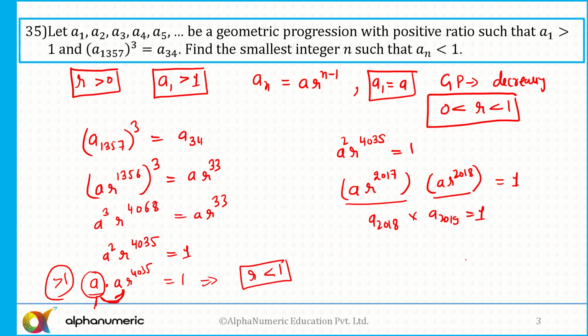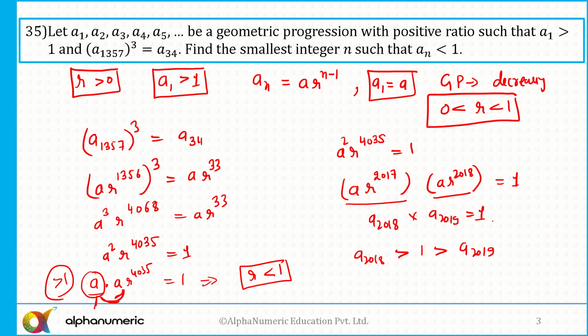And we also know that it's a GP which keeps on decreasing. So A2018 is more than 1, and 1 must be greater than A2019. Then only the product of these will come out to be exactly equal to 1.